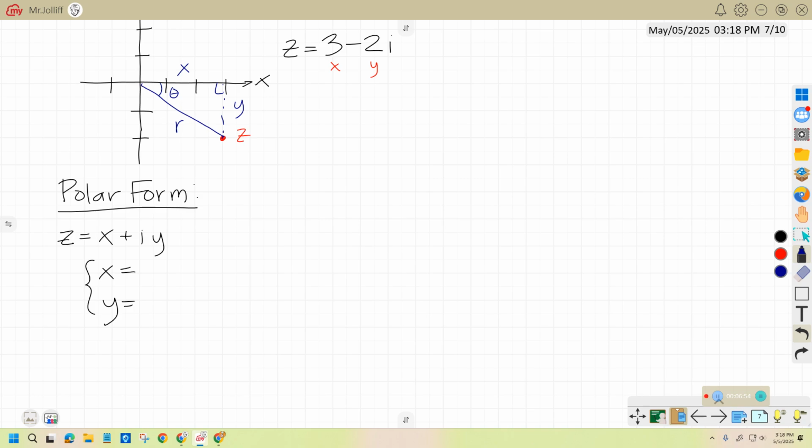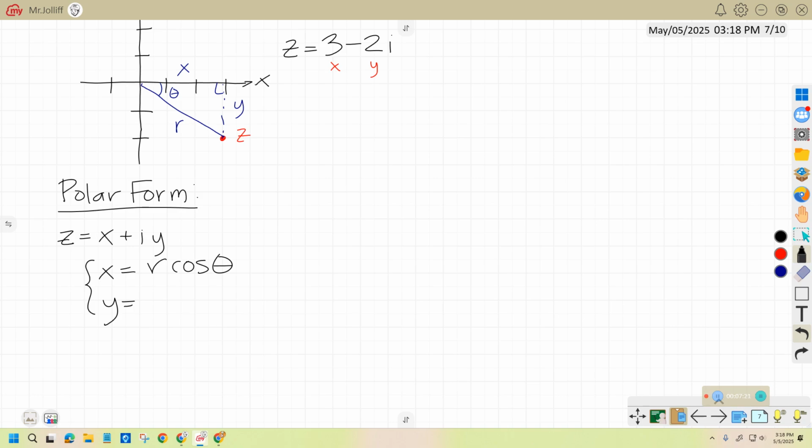So which trig function involves the hypotenuse r and my x coordinate? Cosine. x is r cosine theta, because cosine theta is x over r. Takes my rectangular coordinate, turns it into polar, r and theta.